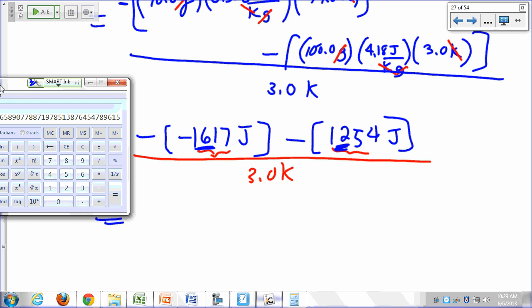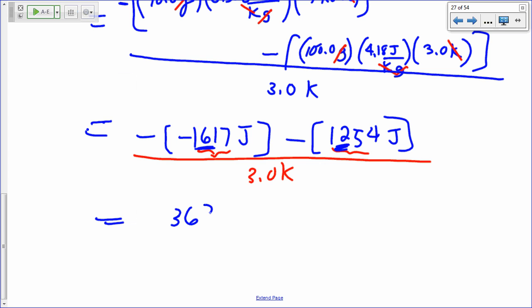Negative, negative, that's plus, right? 1617 minus 1254. That difference of 363 joules is the amount of energy that did not transfer from the metal to the water. It went to the rest of the calorimeter. Divided by 3.0 Kelvin, okay.